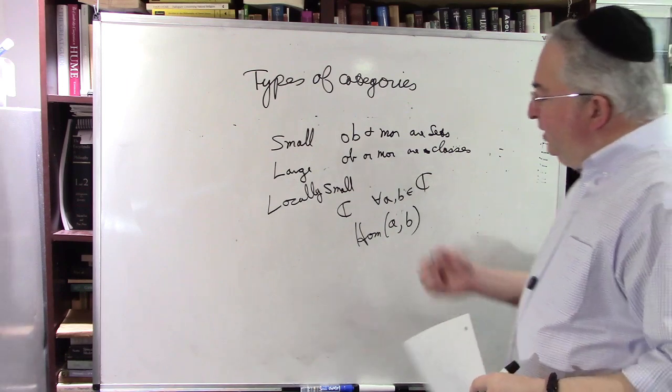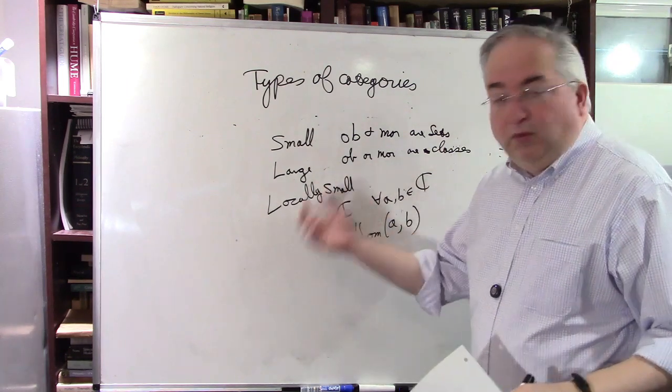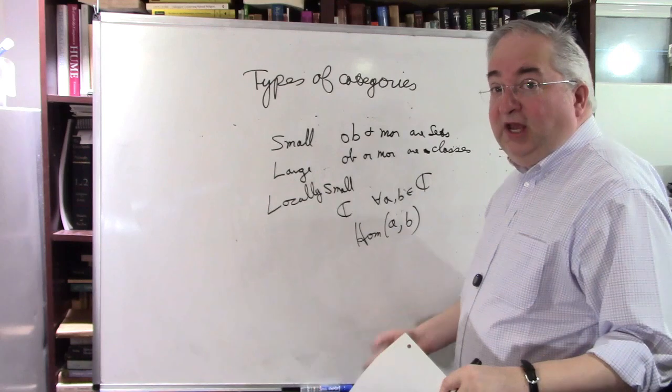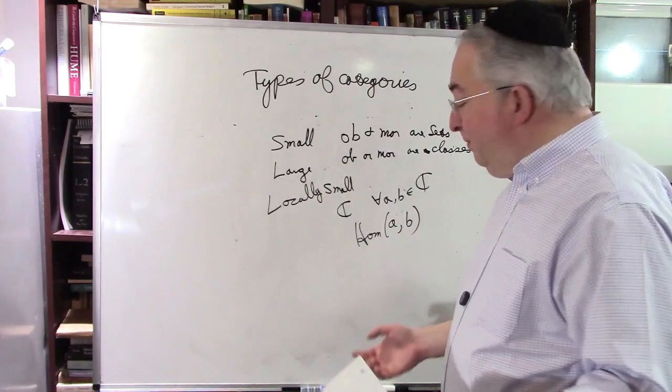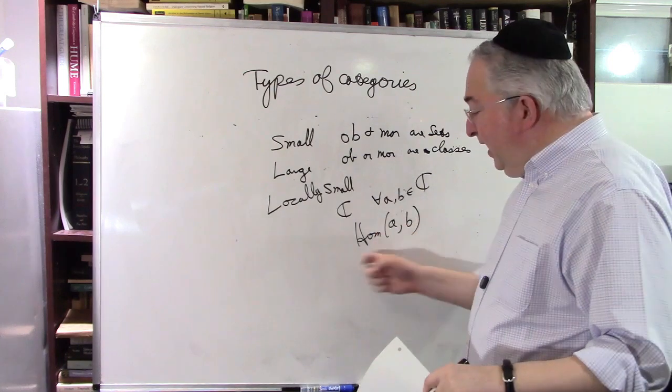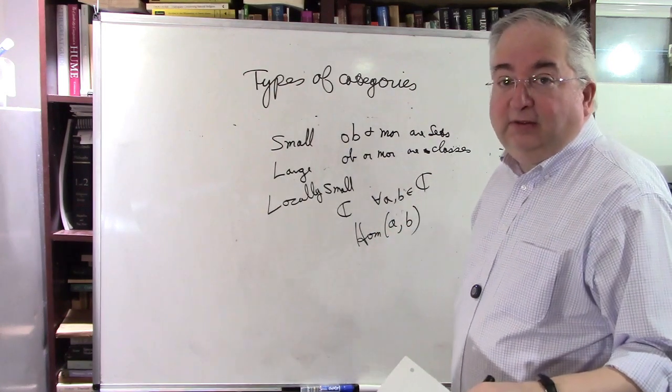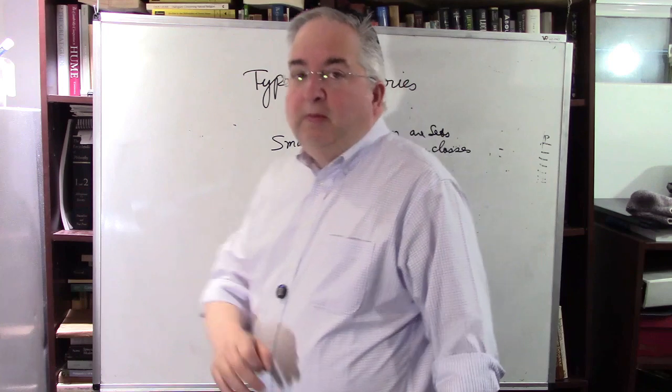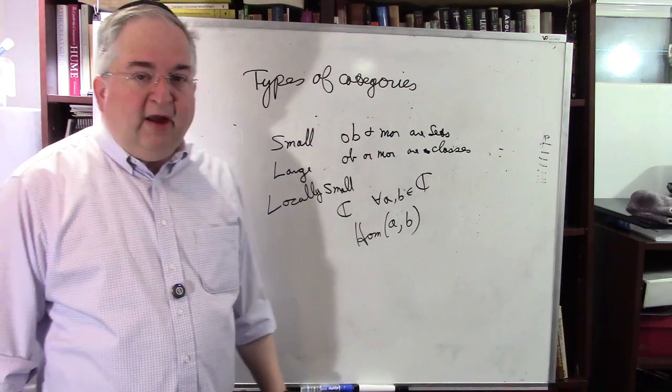So again, the objects are large, they form a class. All the morphisms together might form a class. But any two objects in particular, that Hom forms a set.